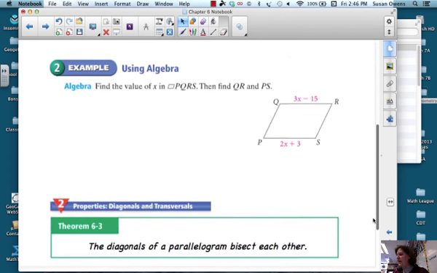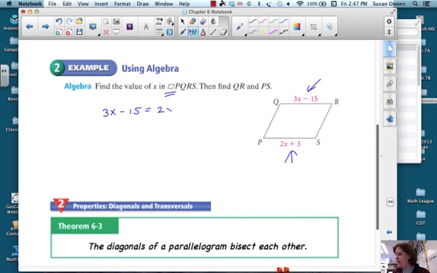Now, if we want to find a side, it says it's a parallelogram, so notice the symbol, which means I'm allowed to assume that opposite sides are congruent, and then by that first theorem, parallelogram, opposite sides, congruent theorem, I also know the sides are congruent. So these opposite sides are congruent, so I can solve for it. I can say that 3x minus 15 equals 2x plus 3. Subtract the 2x, add the 15, x equals 18.